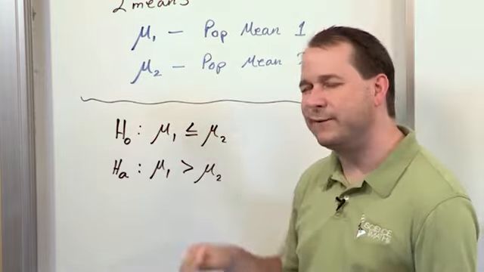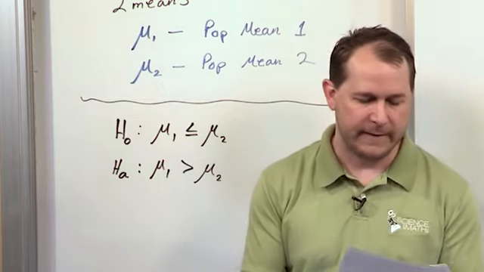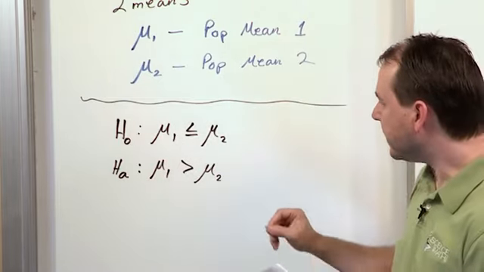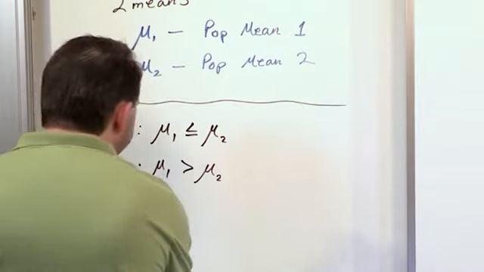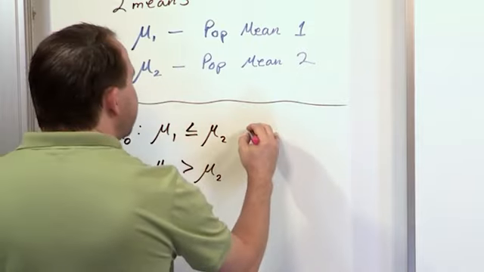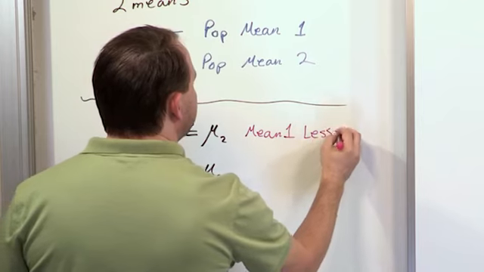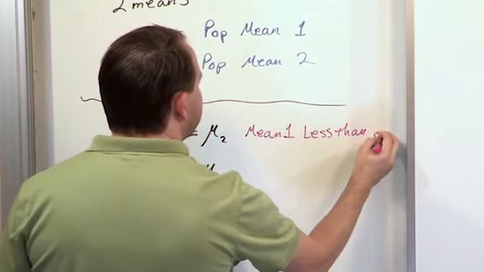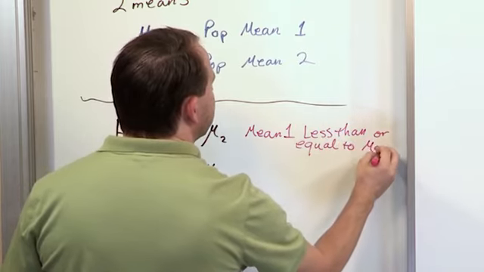You have to kind of get through the basics of hypothesis testing, which is what we've done, in order to be able to understand this. But typically, we don't keep it written like this. This is very easy to understand. That's why I wrote it this way. What this means is mean 1 is less than or equal to mean 2.